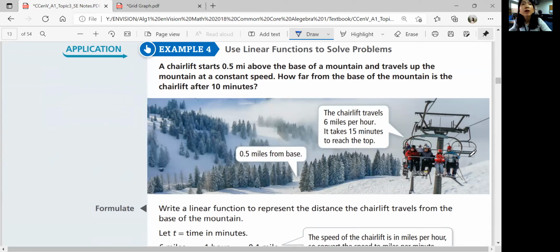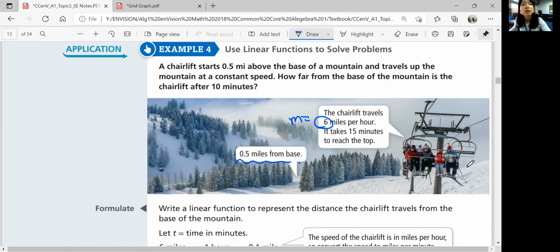Okay, the chairlift travels 6 miles per hour. So there you go, that's your slope. It takes 15 minutes to reach the top. So that's your constraint, okay? Your time is going to be 0 to 15 minutes, and 0.5 miles from the base. Okay, these are some important information.